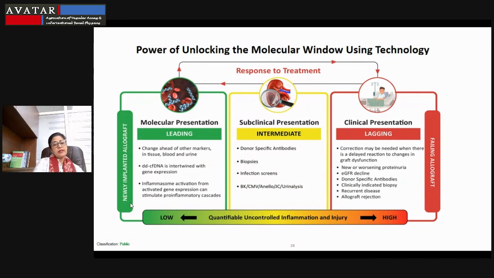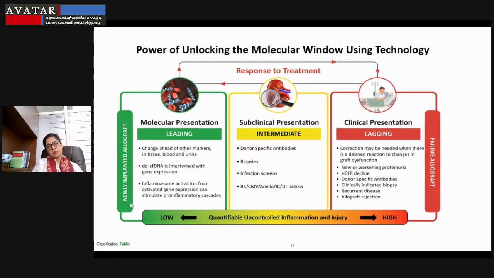The inflammatory activation from activated gene expression can stimulate a pro-inflammatory cascade, and this stage then moves into a subclinical or intermediate stage, which is where we pick up the donor-specific antibodies. The biopsies begin to show features of rejection. Infection screening is done for various viruses out there.